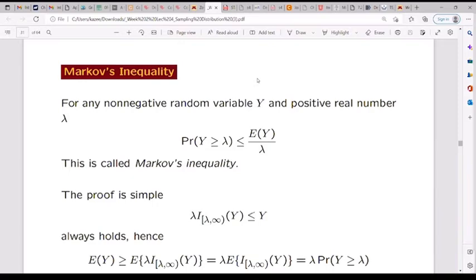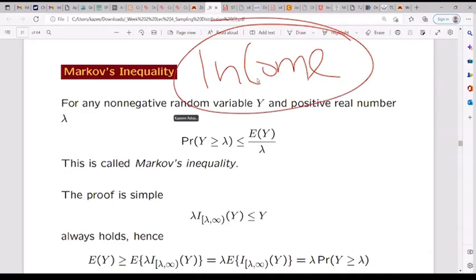Let us use income. Now we assume that income is non-negative. You know that, right? Income is non-negative.